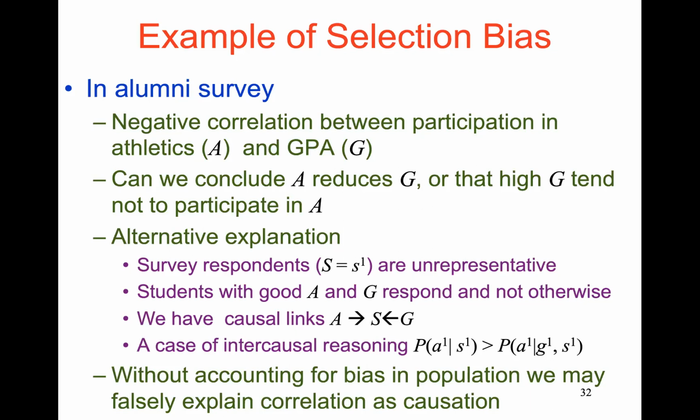So without accounting for bias in a population, we may falsely explain correlation as causation. In this case it is a little bit more complicated. Intercausal reasoning comes into play here. But again, correlation is being falsely explained as causation.